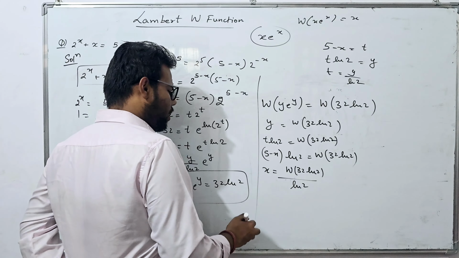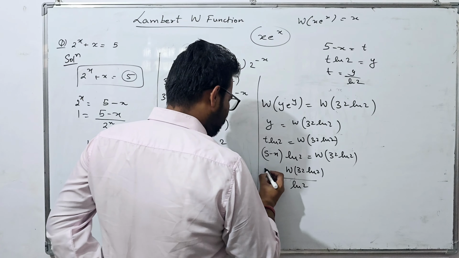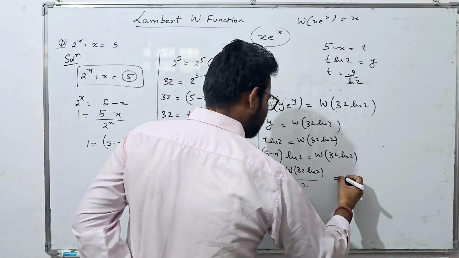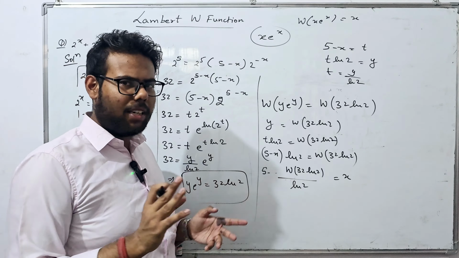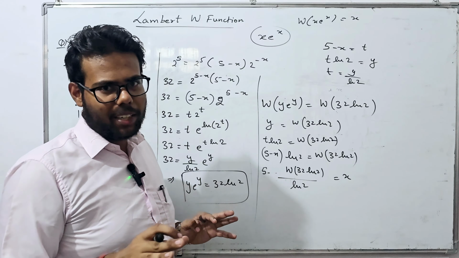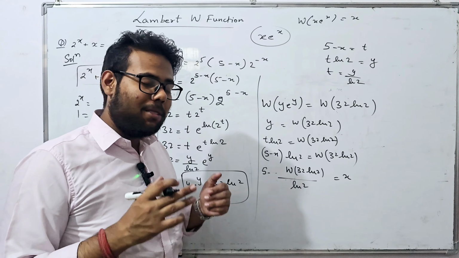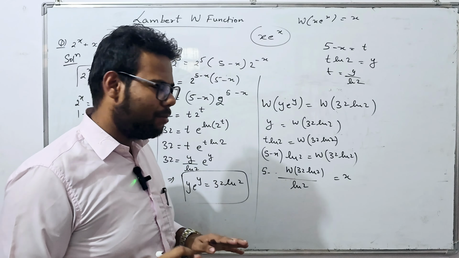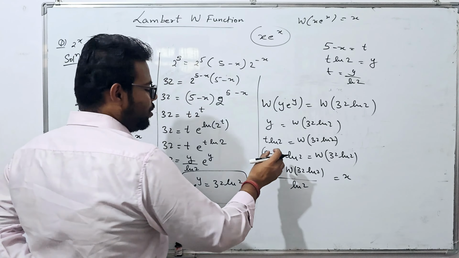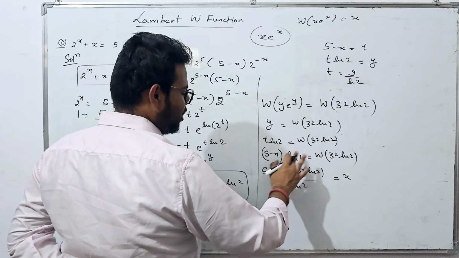Just see if I made any mistake. If it is correct, then it's fine. If it's not correct, then please comment in the comment section and I will see to it. But I think it's correct. Yeah, it is correct.